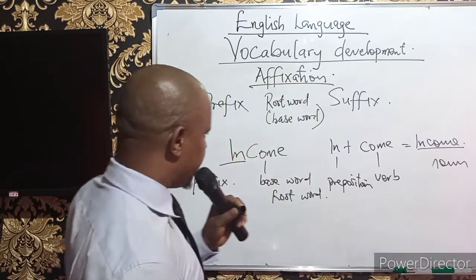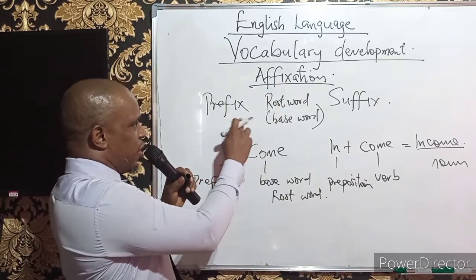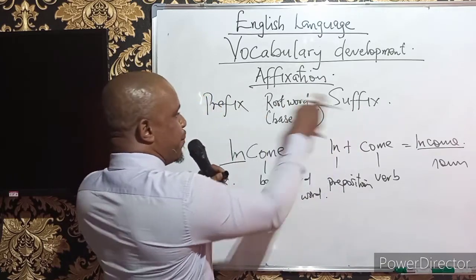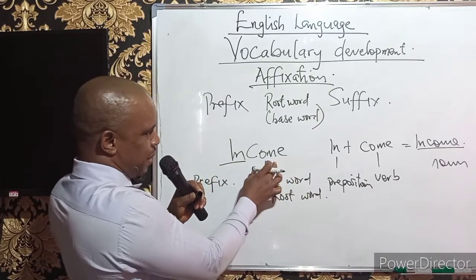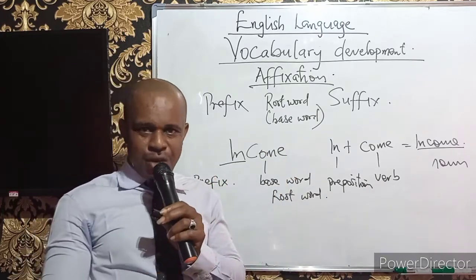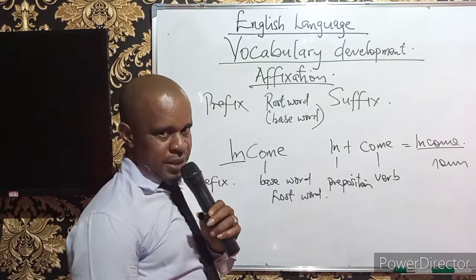So what are we saying here? Affixation is the addition of either a prefix or a suffix, or even both of them, to a base word. Like we've given as an example here, it gives us an entirely new thing. Now, how does it connect with vocabulary development?